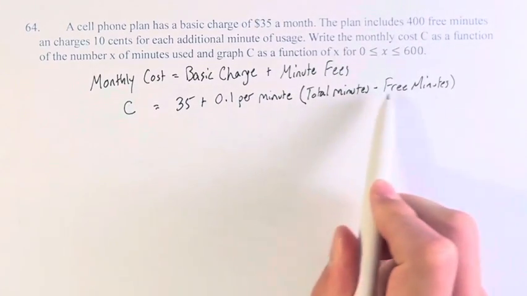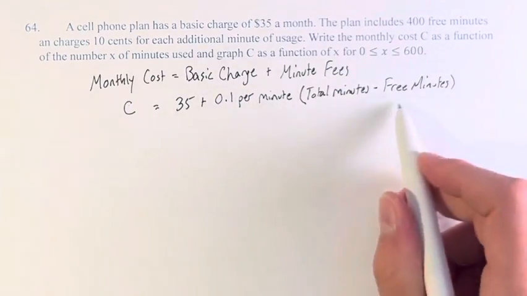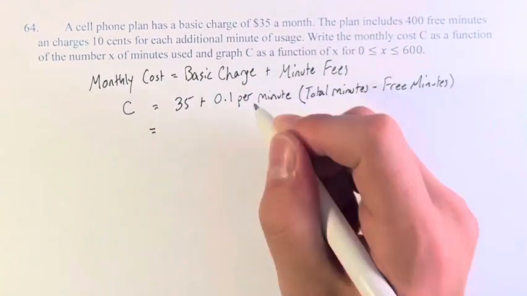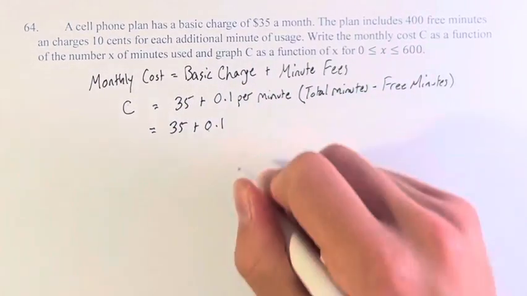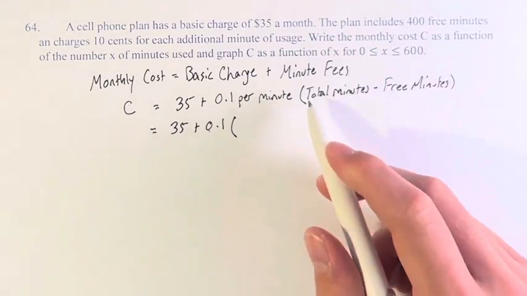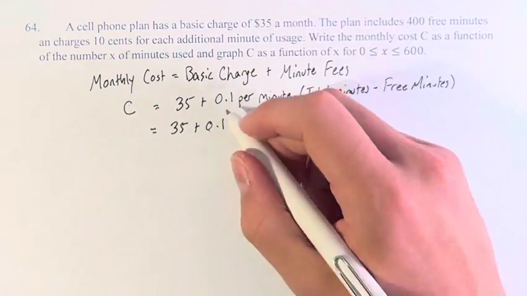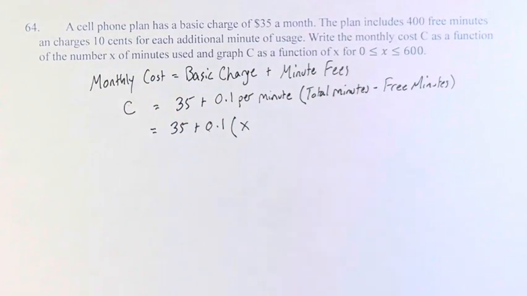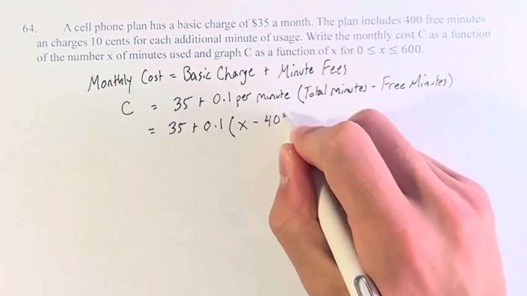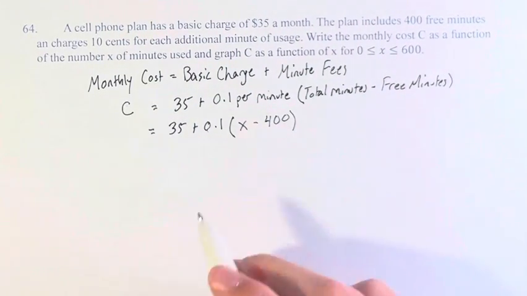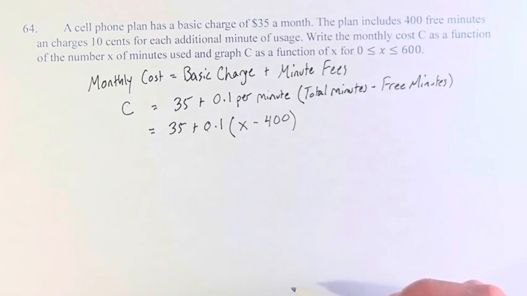What this parentheses is going to give you is the minutes that you have to pay for. So you have 35 plus 0.1 times the total minutes, x, that's just the number of minutes used, minus the free minutes, 400, and x minus 400 gives you whatever you have left.